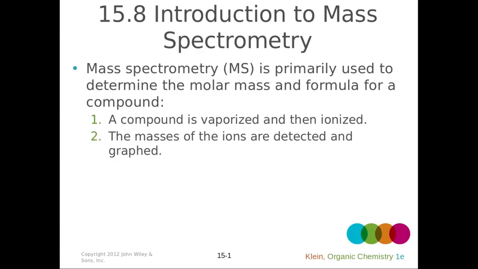Well, the compound is injected into the instrument, and usually this is done by an auto sampler, and we have one in our department. It can be done manually. The compound is injected, and then it's vaporized, and then it's ionized somehow. Usually it's hit by an electron beam, and we'll see that in just a minute. And then the masses of the ions that are created there are detected and graphed.